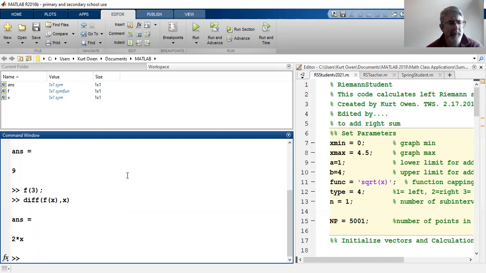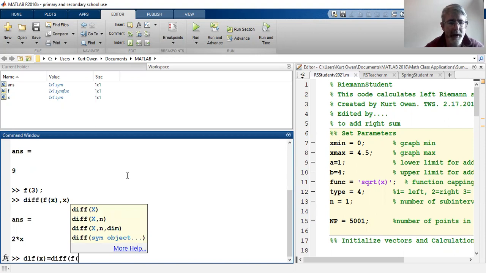Well, now what if I wanted the derivative to actually be stored as a function? I could let d1f(x), you want to put the (x) so it'll store it as a function of x, equals diff, the differentiation of f(x) with respect to x.